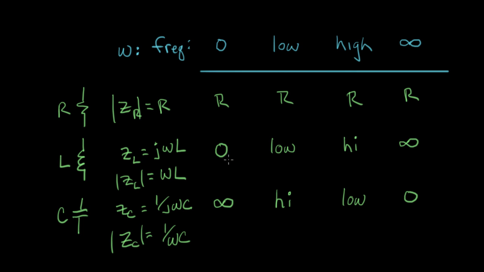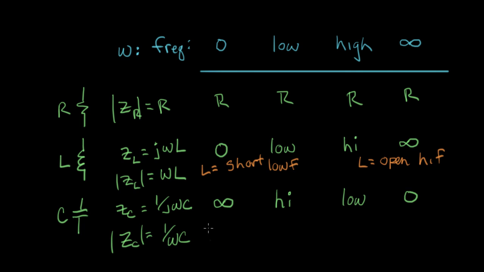So this leads to the expression we say an inductor looks like a short at low frequency. Now let's go to high frequency. The impedance gets high and it eventually goes to infinity. That's the impedance of an open circuit. So we say L equals an open at high frequency. And it's a short at low frequency.